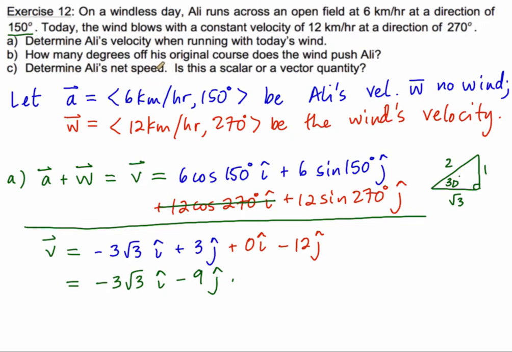Knowing that speed is the magnitude of velocity, we are asked in part C to come up with the magnitude of the resultant vector. So the wording of this question in part B is asking us to come up with the direction, or really a difference between the net resultant direction and the original direction that Ali wanted to run in. And part C is asking us to come up with the magnitude of the vector. So I'm going to pause the video, give you a chance to work those out yourself, and then compare with my answers.